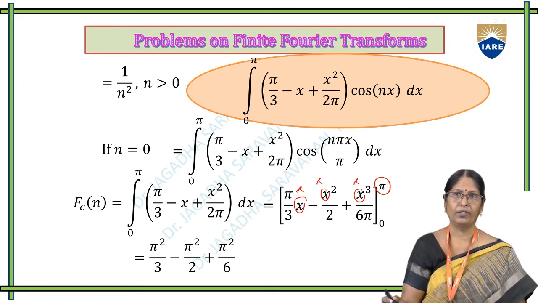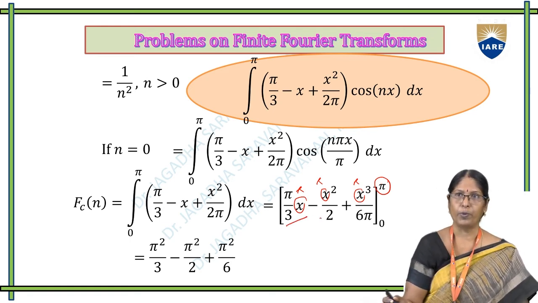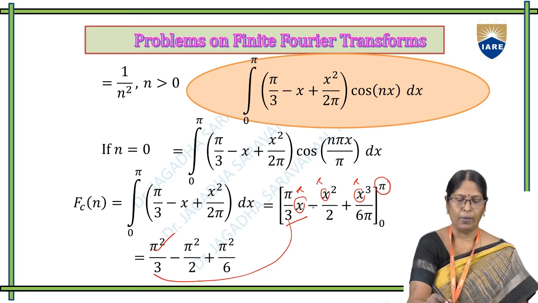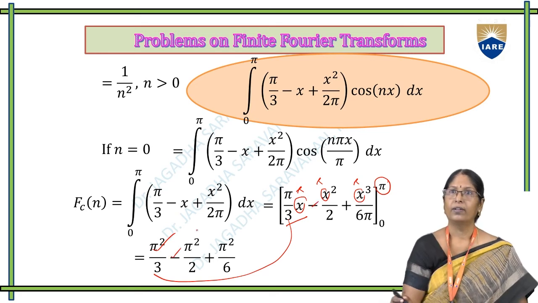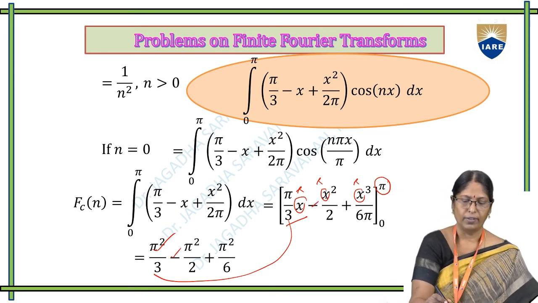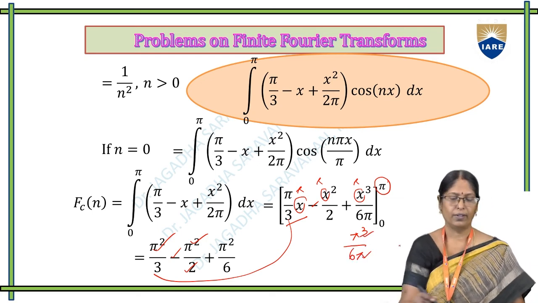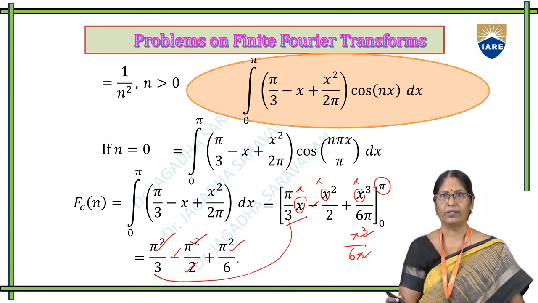So the first term becomes pi into pi, pi square, with the 3 written as it is. Minus, no change at all, this is pi square by 2. Plus, here pi cube divided by 6 pi, both get cancelled, then pi square by 6.